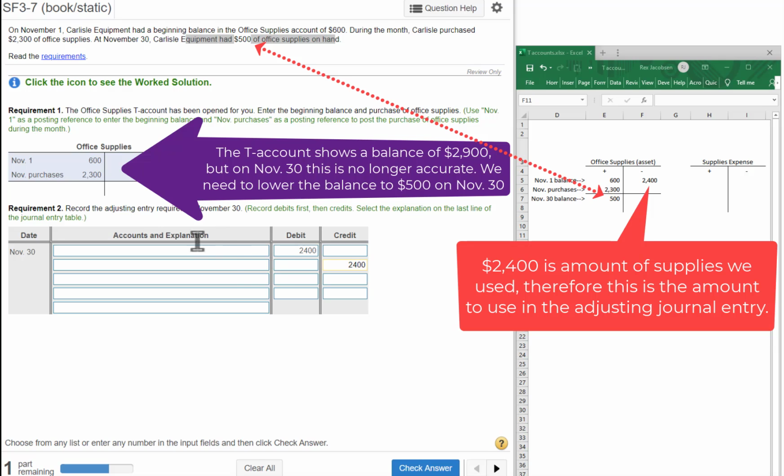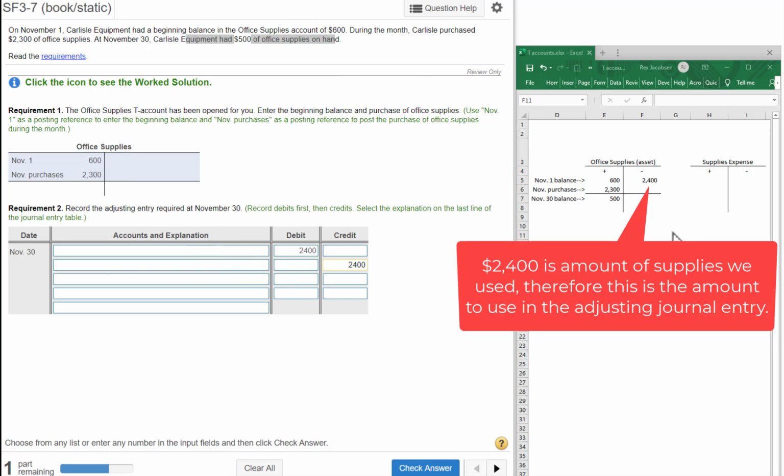So what are the two accounts that are going to be affected? Well, let's just look at this one. Office supplies, notice the amount used. I'm going to put a label on here because it's a really good idea when you use T accounts that you use labels to remind you what these are. Used.